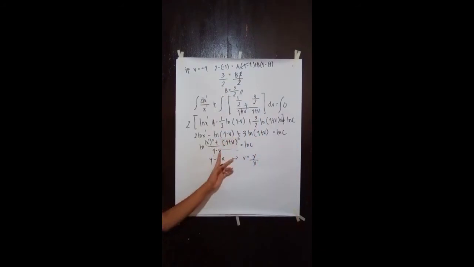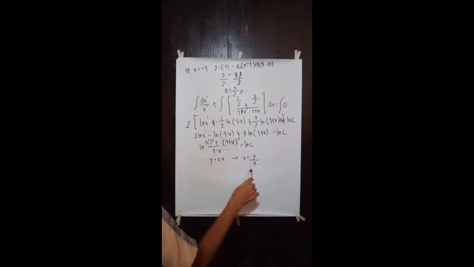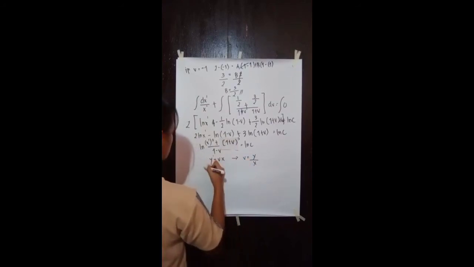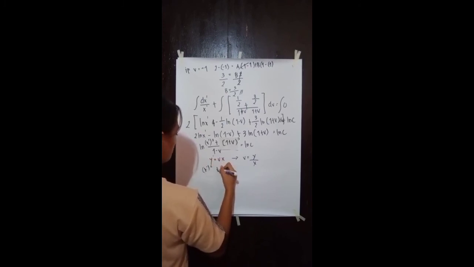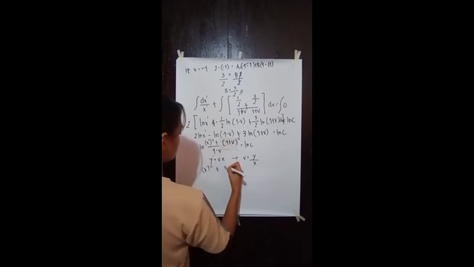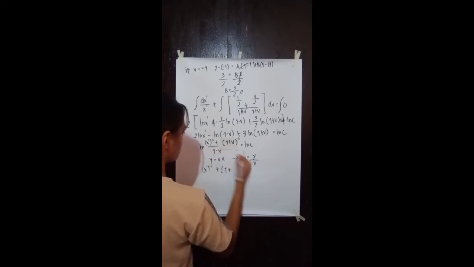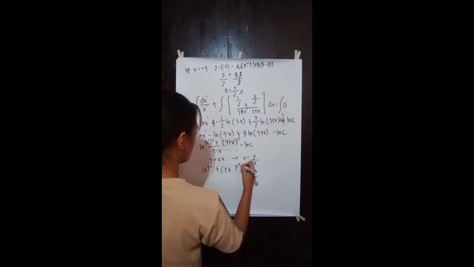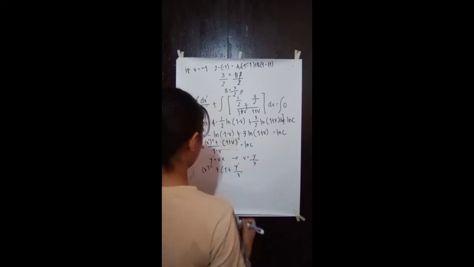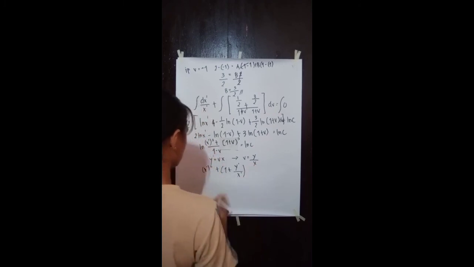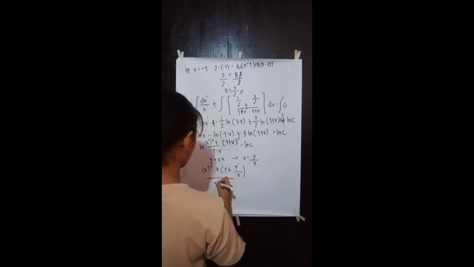Natin dito, meron ditong v. So, let's substitute siya. So, magiging value niya. So, x1, x prime squared plus quantity of 1 plus ang value na ng v is y prime x prime over 1 value ulit ng v y prime over x prime.